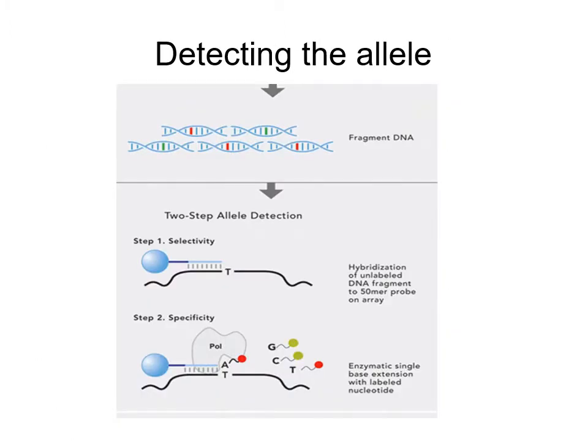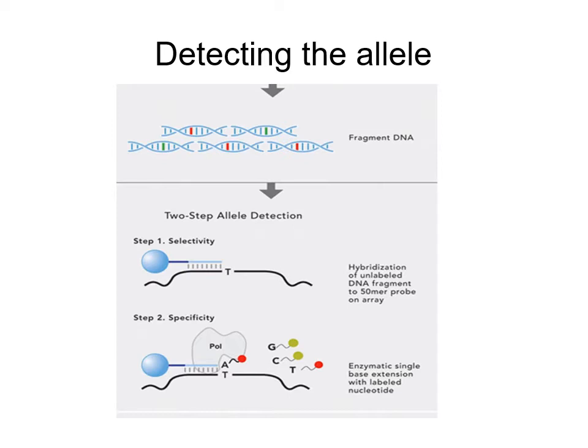Okay, so what this looks like, you have fragmented DNA from a person, and the DNA is hybridized to these millions of beads all at once. And the key here is that the oligo is set up so it's one nucleotide offset from the nucleotide that you're trying to see. So the person's DNA here has a T, and we expect that it will then be matched with an A by DNA polymerase.